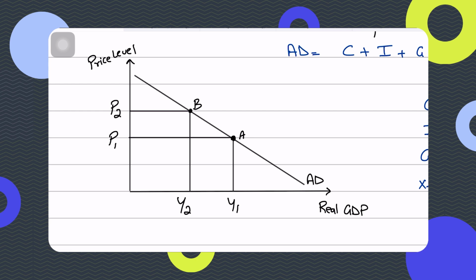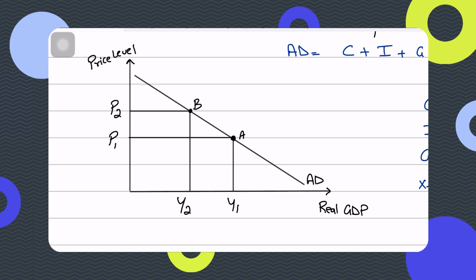So basically, what is the wealth effect telling us? The wealth effect is simply telling us one of the reasons why a rise or fall in price level causes changes in the total real GDP demanded, that it has an impact on the spending taking place across the economy, is due to the wealth effect.